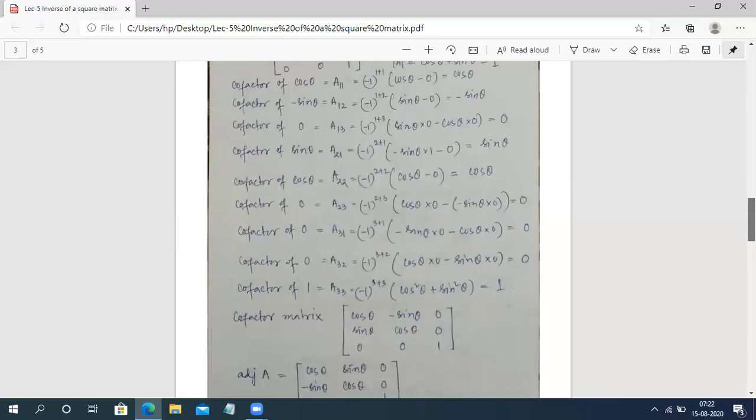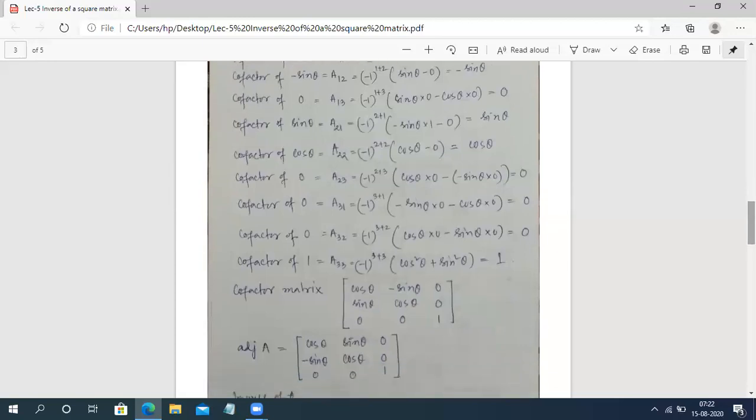Similarly, we can find the cofactor of sine theta, cos theta, cofactor of 0, then cofactor of 0, 0, 1, and you can find all the cofactors by the same method. After this, we'll have this cofactor matrix.